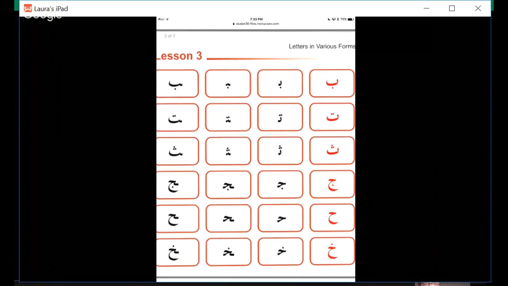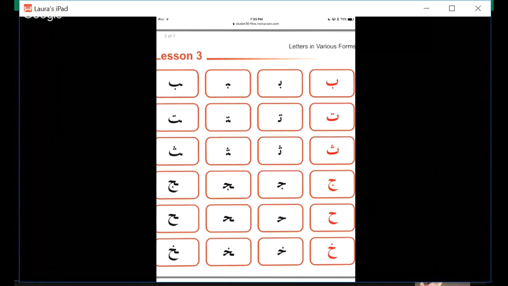The shape really changes when it's at the beginning of the word. The whole back end of the letter comes off, and then it just is added to another letter. But here we have the letters ba, ta, tha, jim, ha, and cha at the beginning of the word.